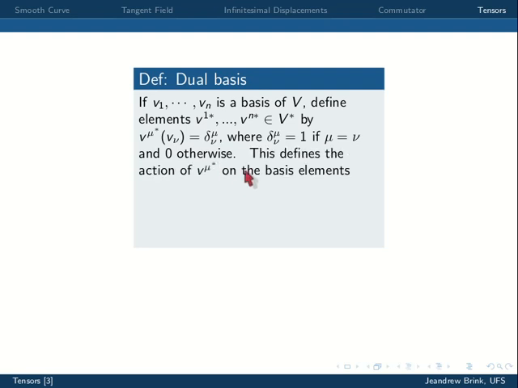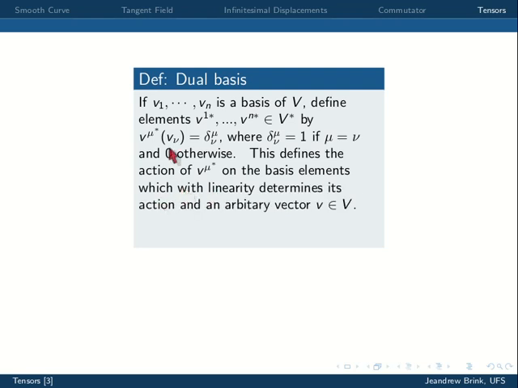You define the action of the basis elements of your dual basis on the basis elements of your vector space, and since it is a vector space, the action is linear.